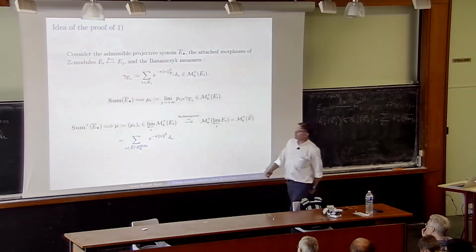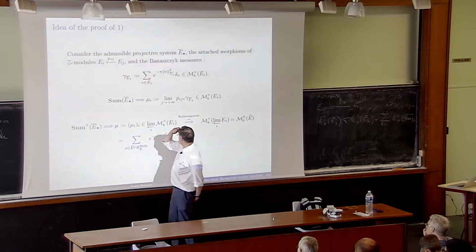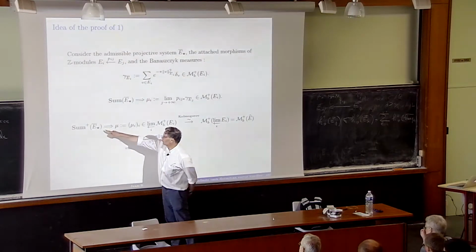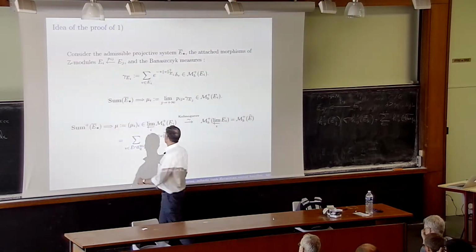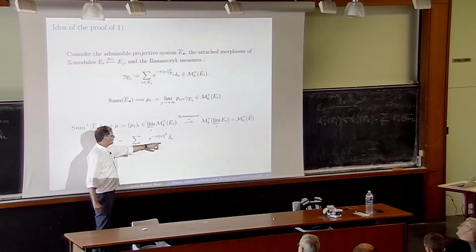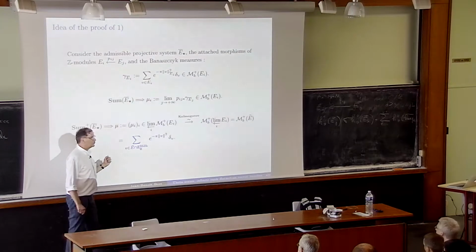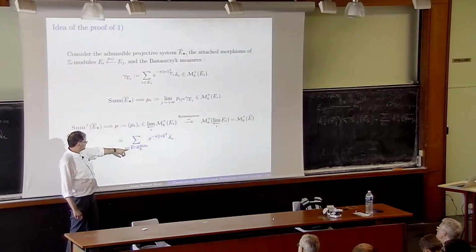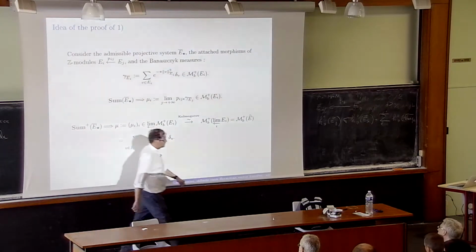And now it turns out that under the stronger summability condition, you may prove that this limit measure is a naive version of the Banachik measure on the big space given by this series.